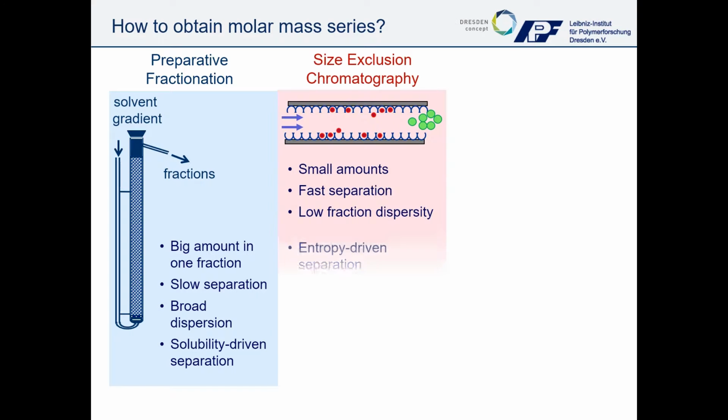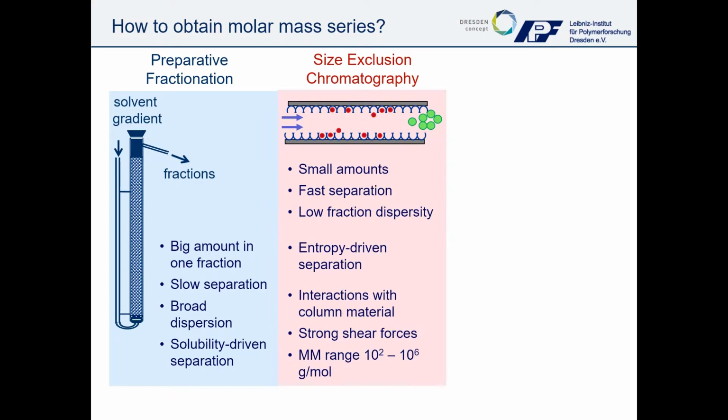One faster method to obtain different molar masses is size exclusion chromatography. This is an entropy-driven separation, as you may know, and it works by separating, after only one injection of the sample, into fractions with a narrow distribution according to the molar mass.